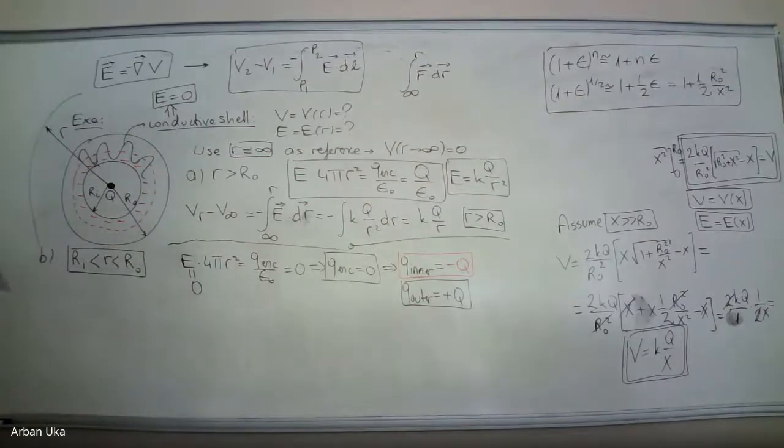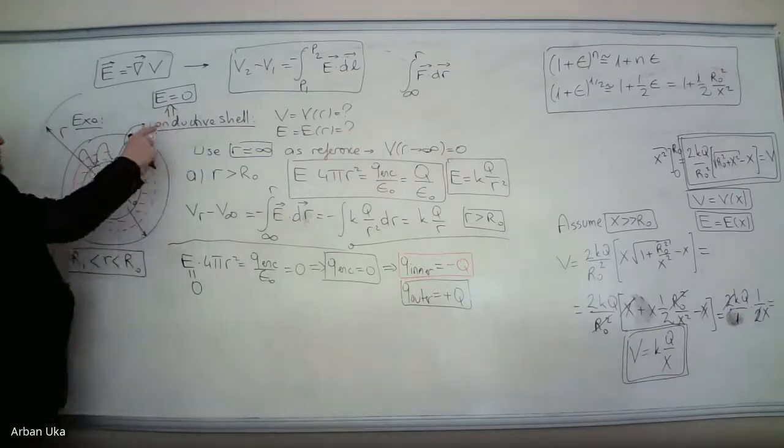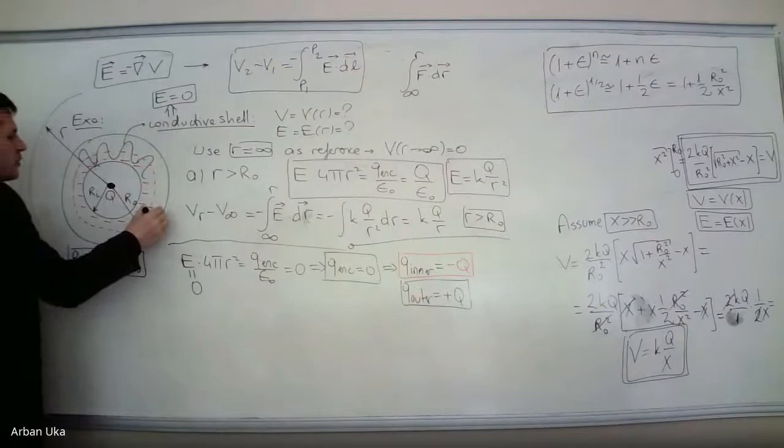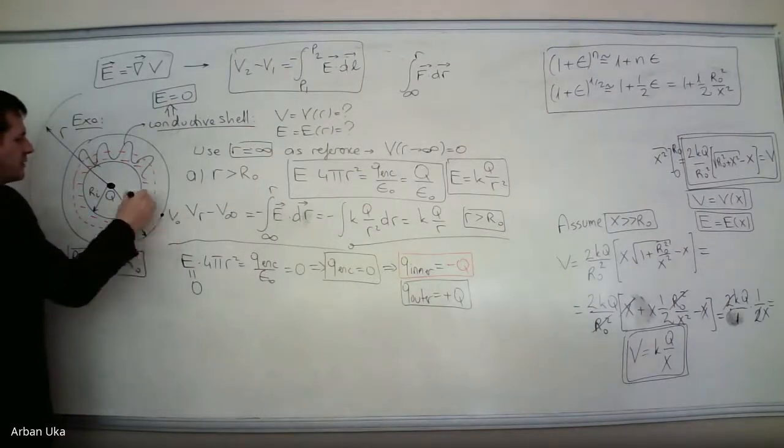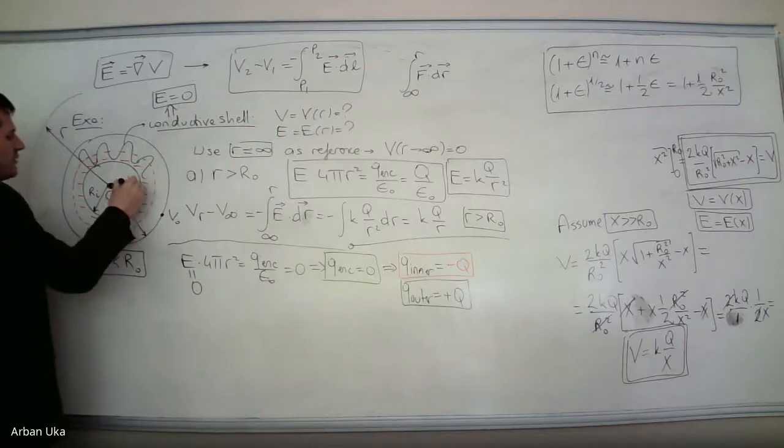Another thing that we can conclude from here is that the conductive shell, assuming that the electric field is equal to 0, is equipotential. Okay, so the potential at V outer is equal to the potential at V inner.